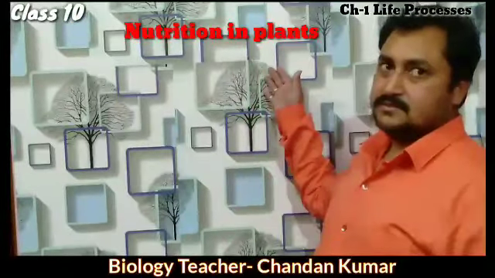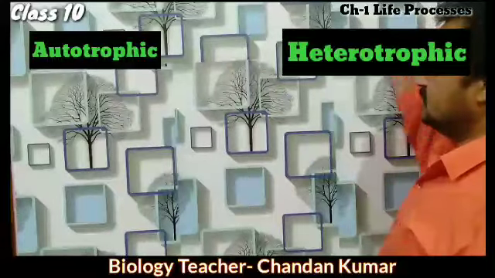You know very well that nutrition is of two types, autotrophic and heterotrophic. Only autotrophic nutrition takes place in plants due to the presence of the green pigment known as chlorophyll. Why? Because the chlorophyll traps the sunlight from the sun.